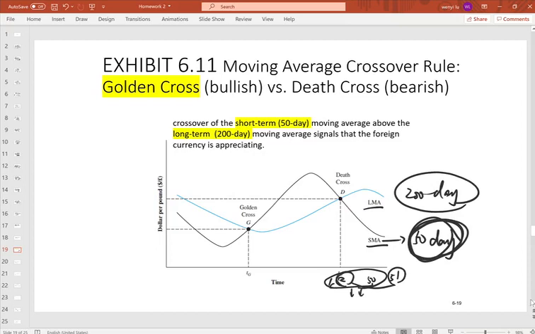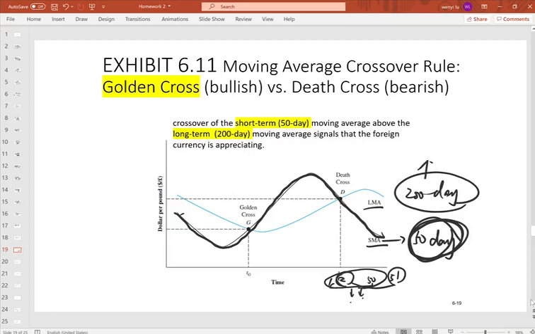We put these prices into dots and form the short-term moving average curve. This black curve is the short-term moving average, and the blue curve is the 200-day moving average. It's also called the long-term moving average.